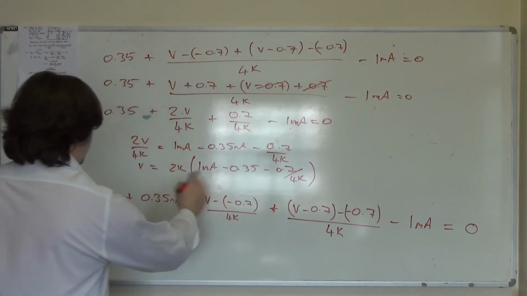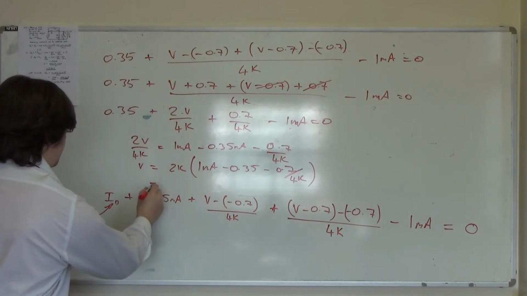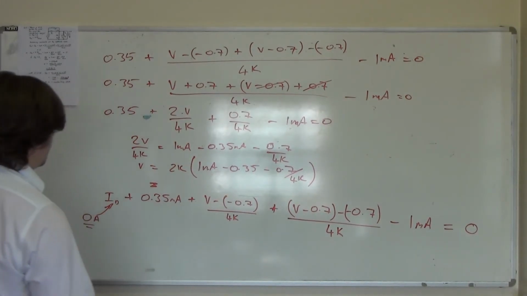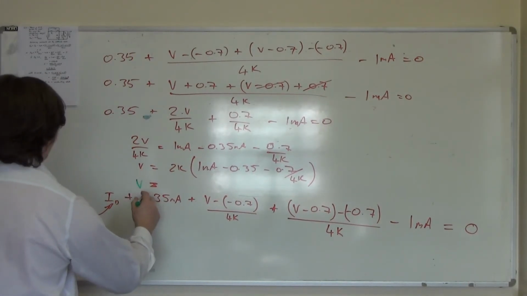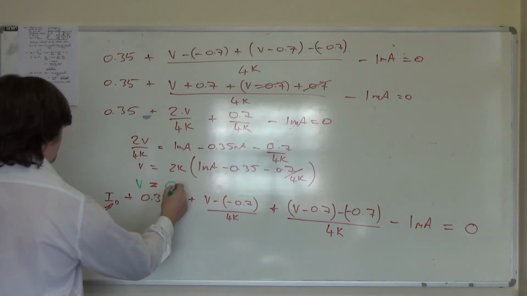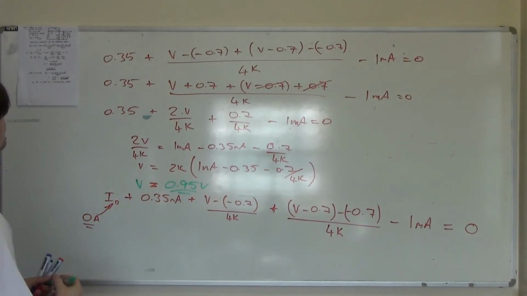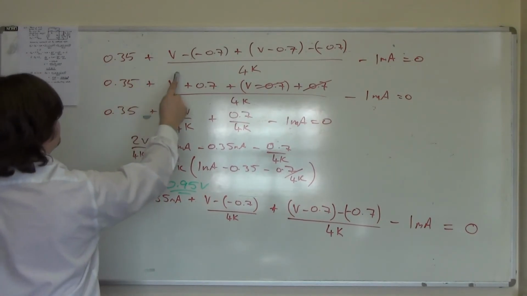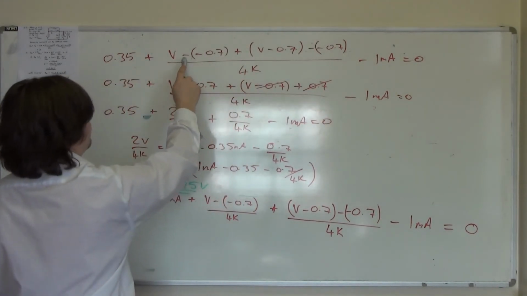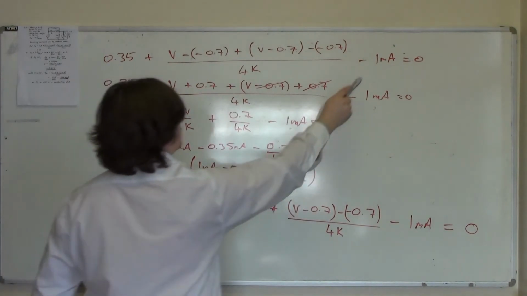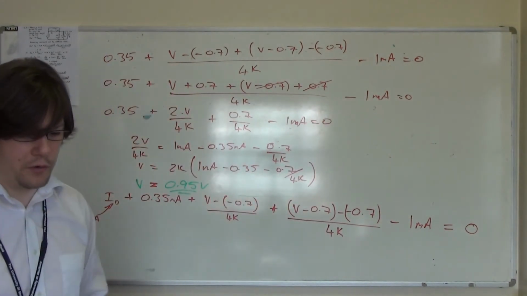And I should just be able to get an answer for V now. This is a voltage, so just to break with tradition, I'm going to write it in green. What we've been working on here is currents. These are all currents because they're voltage divided by resistance, and that's a current as well. So that's why I've been working in red.